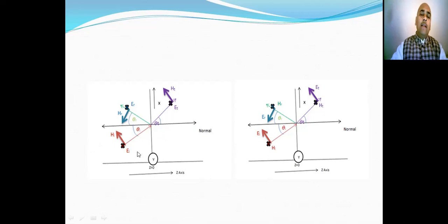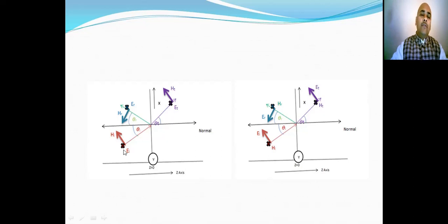As an electromagnetic wave is composed of an electrical field and a magnetic field, which are perpendicular to the direction of propagation, if we suppose that the electrical field in the first case is perpendicular to the plane of the paper, then the magnetic field Hi will lie in the plane of the paper.